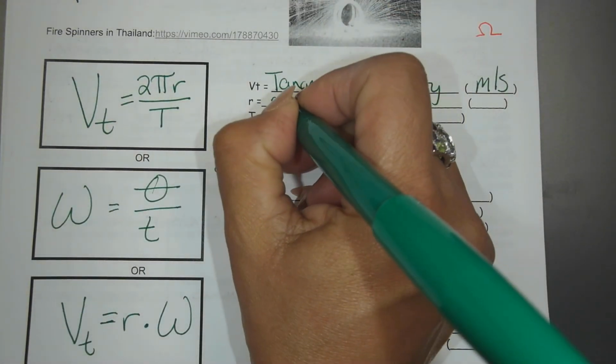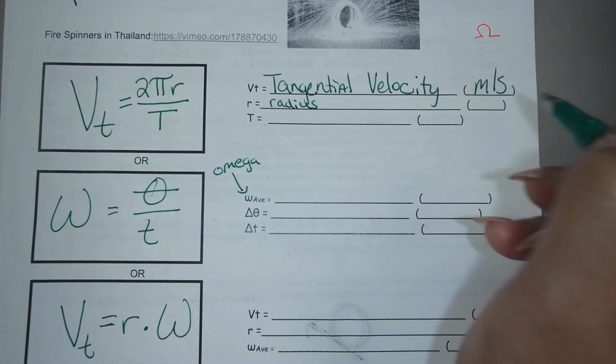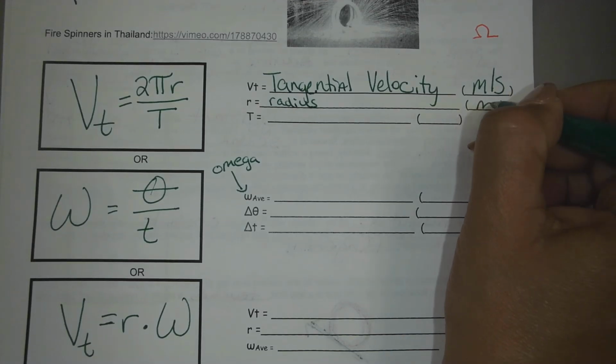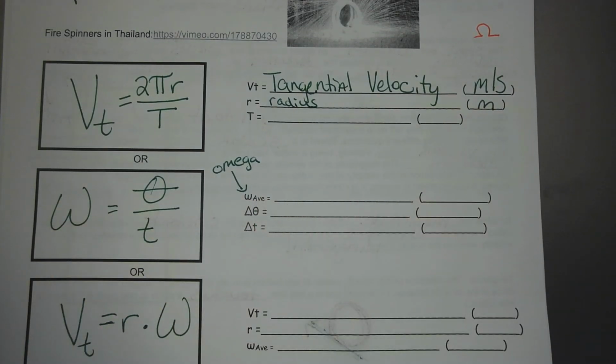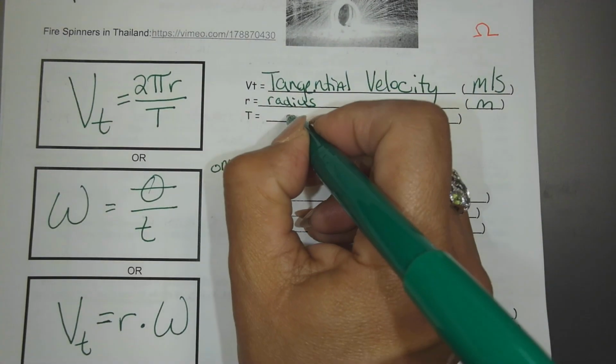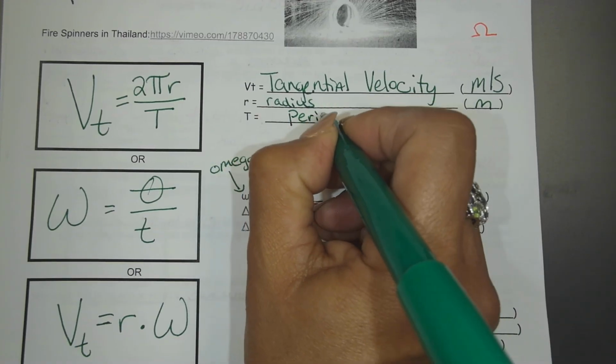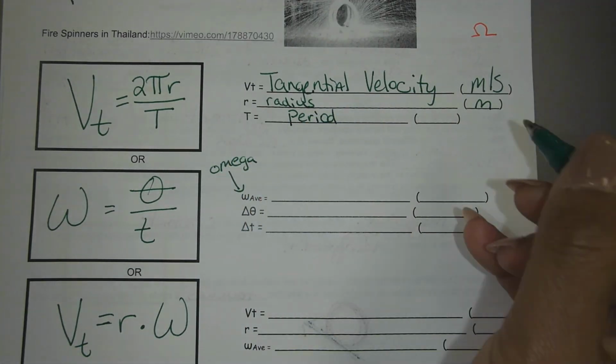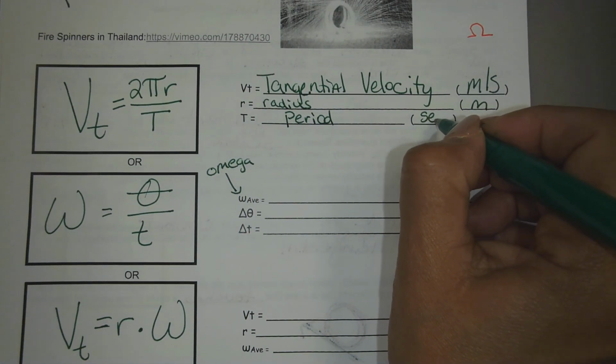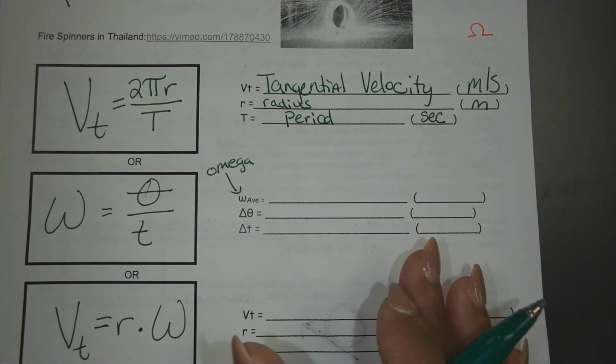R stands for radius. Radius is distance, so that's meters. Capital T, we said earlier today, is period. And earlier today, we used the SI unit for period in seconds.